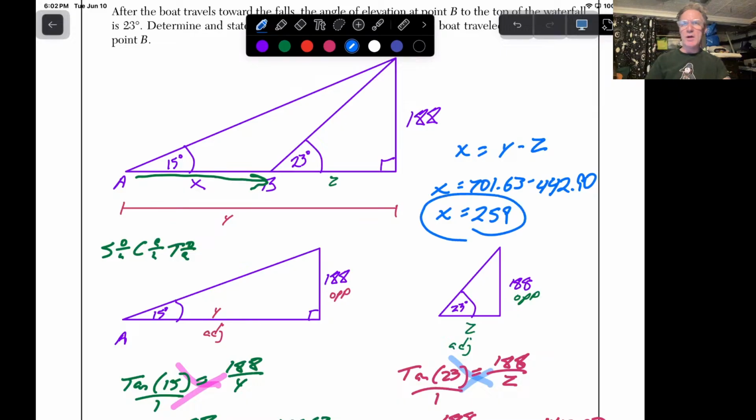That's how far the boat traveled. 259 feet, something like that. So there you go.